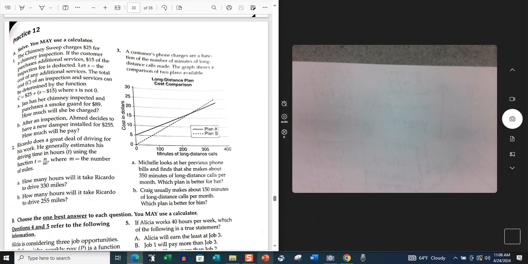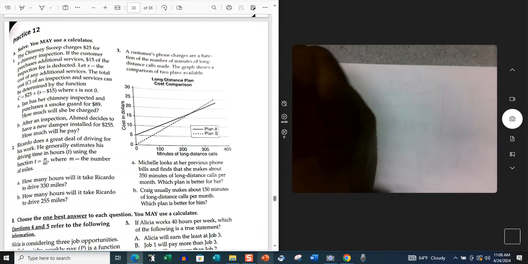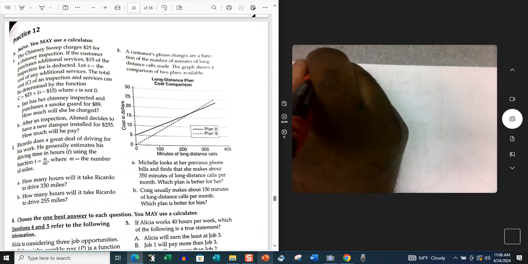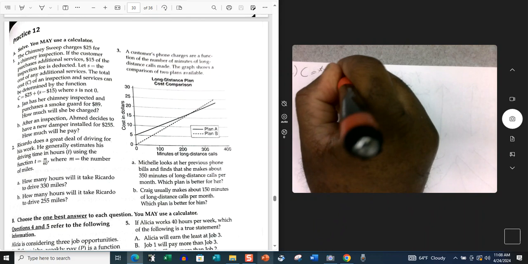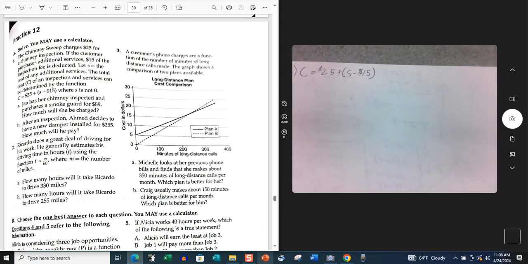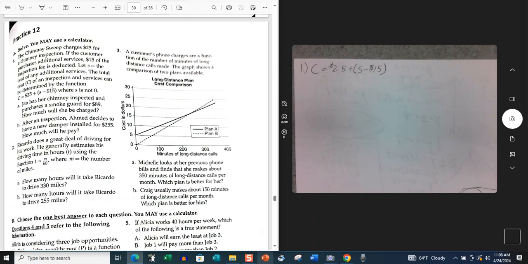The total cost C of an inspection and services can be determined by the function. Now, we're given this function. So the function is C equals $25 plus S minus $15, where S is not 0.